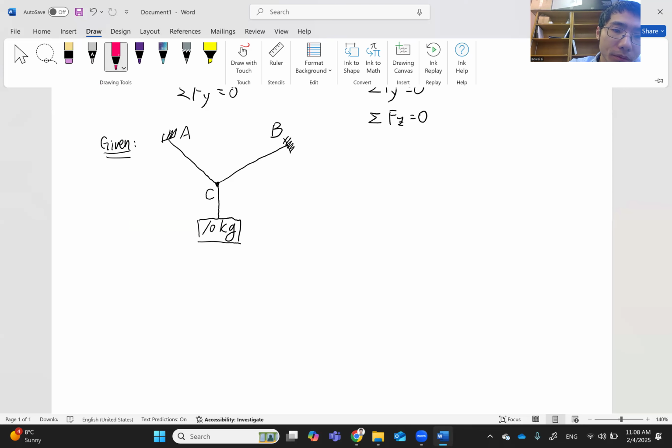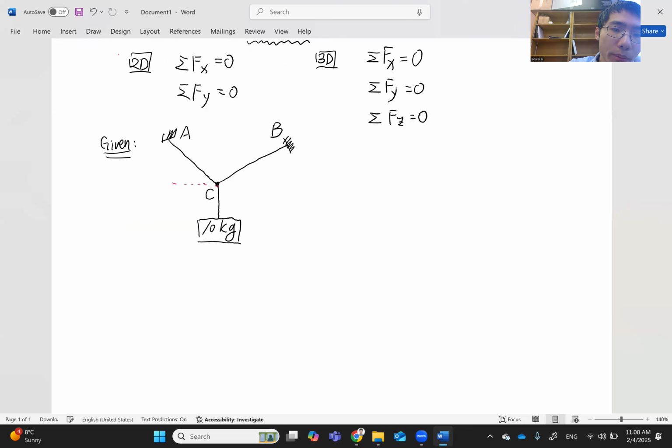The angle between AC and the horizontal direction is 45 degrees, and the slope of CB is expressed as this small triangle here.